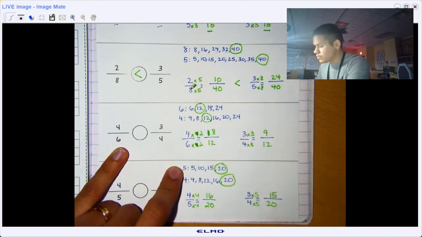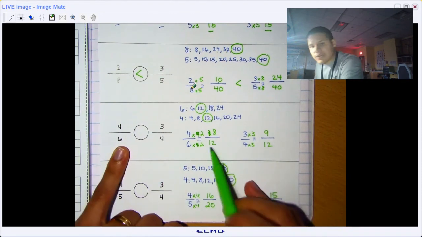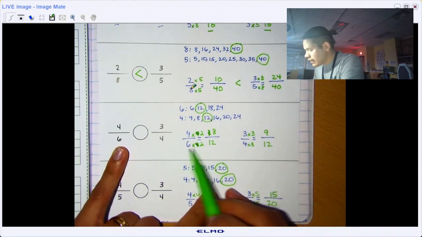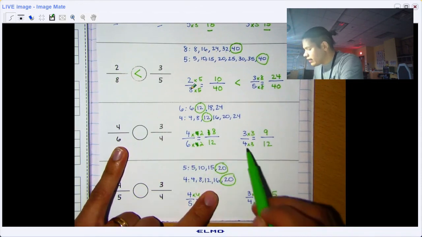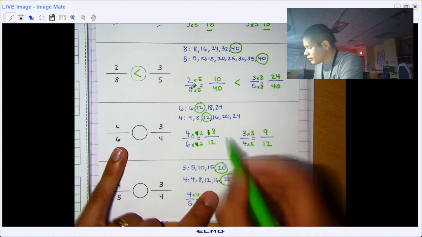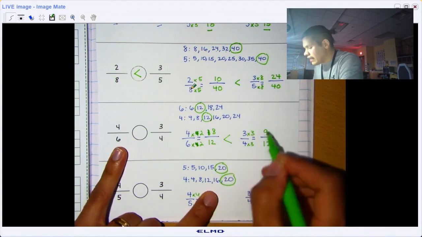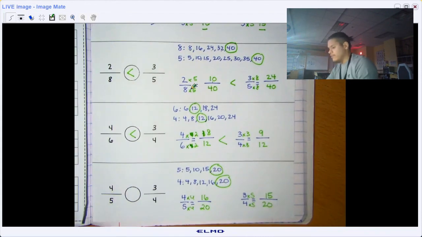So that's what I'll be using, 12 for this example. So as you can see, I use 12 as my common denominator. 6 times 2 gives me 12, so I need to multiply my numerator times 2 to give me 8. And 3 times 4 gives me 12, so I need to multiply my numerator times 3. It's easy to compare. Now 8 is less than 9, so that must mean that 4/6 is less than 3/4.